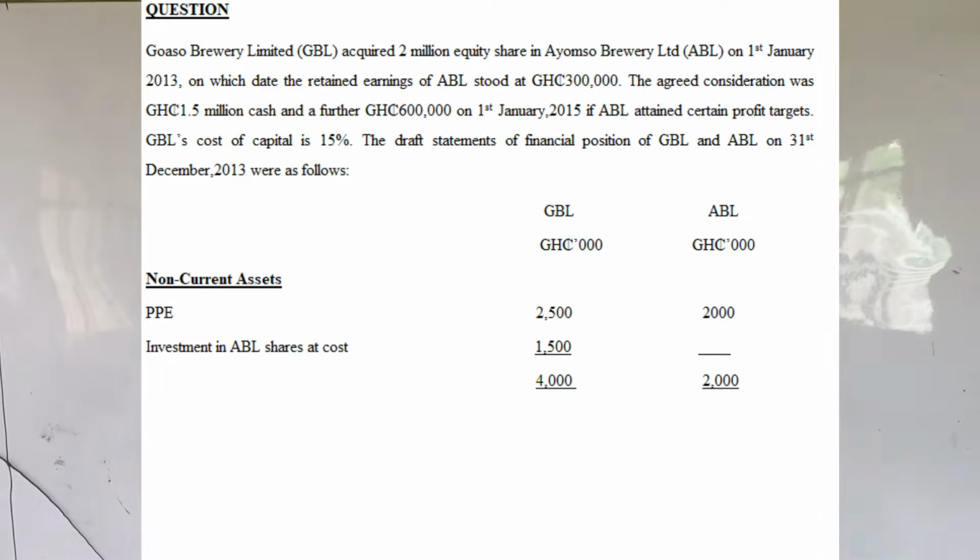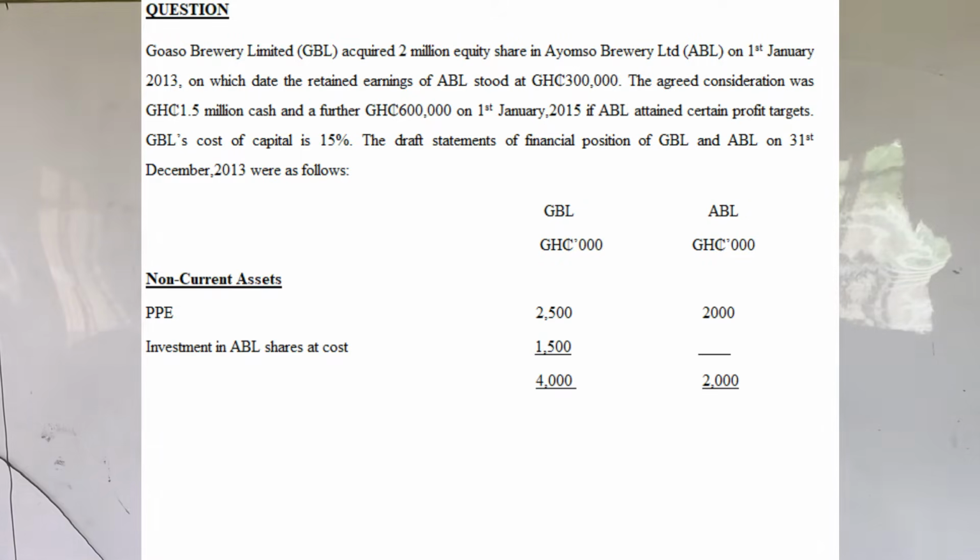Goodwill Brewery Limited, GBL, acquired 2 million equity shares in Ayomso Brewery Limited, ABL, on 1st January 2013, on which date the retained earnings of ABL stood at 300,000 Ghana cedis.